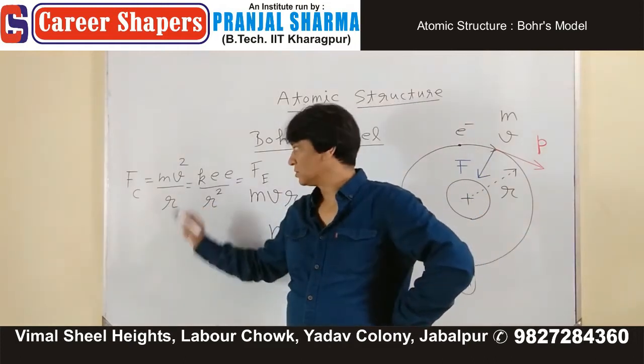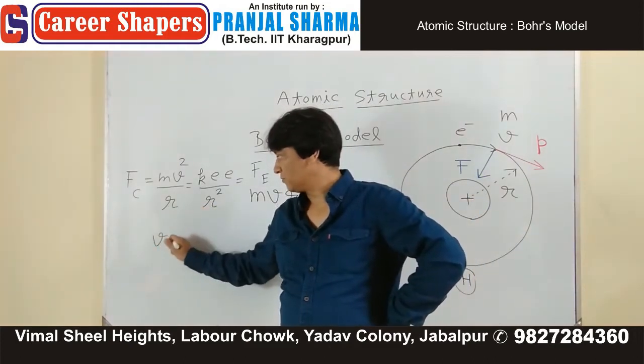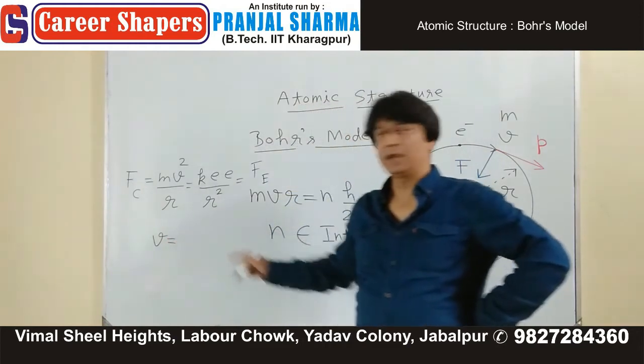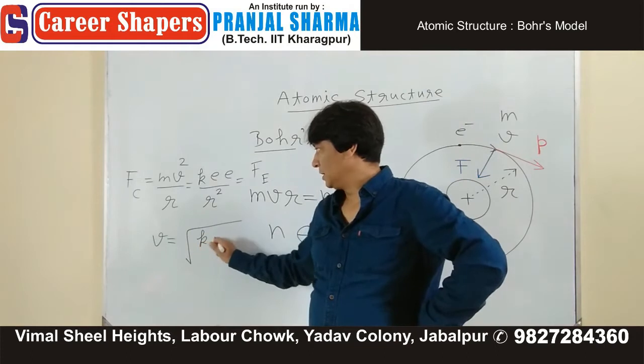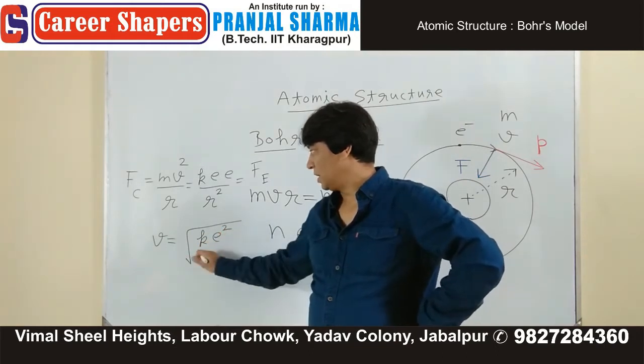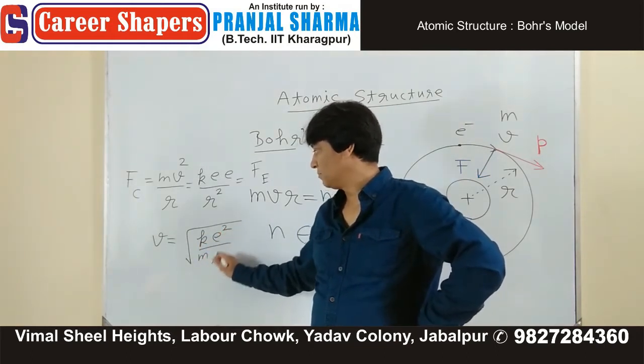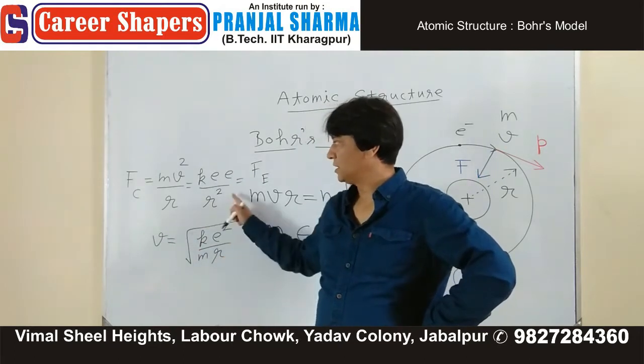With this, you can find v in terms of r, which is Ke square upon m r. R and r square cancel.